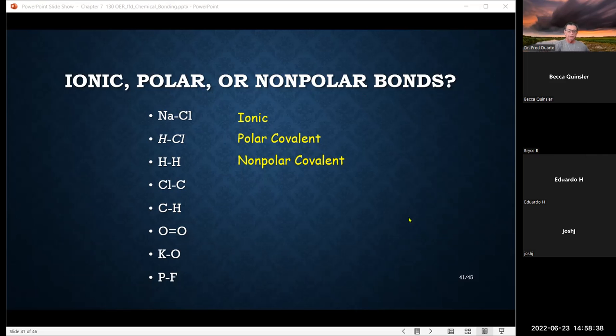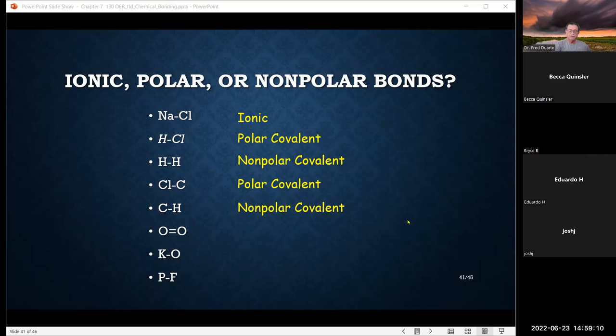Chloride and carbon, definitely two different atoms, therefore we have a covalent bond, but it is specifically a polar covalent bond because of the two dissimilar atoms. Carbon and hydrogen, though they're dissimilar, are the only exception of dissimilar atoms that are non-polar covalent, because the electronegativity of each one is essentially the same.